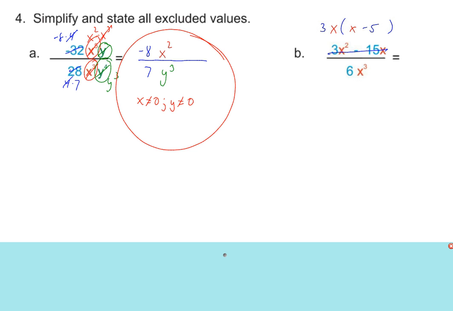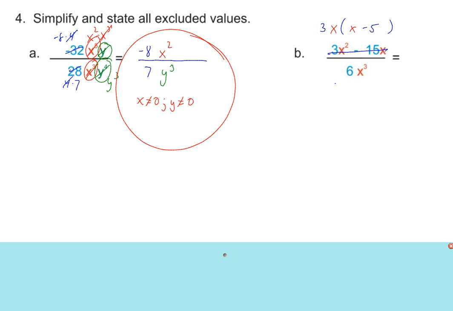Now look at the difference. You got a 3 times an x times an x minus 5. We have 3 possible things we can reduce: the 3, the x, and the whole x minus 5. So there's three things possible that can be reduced up top.